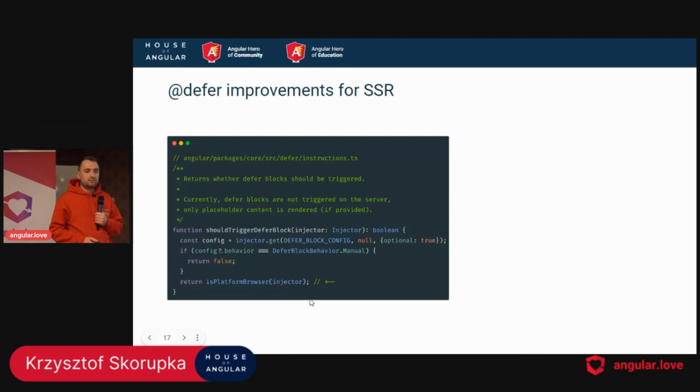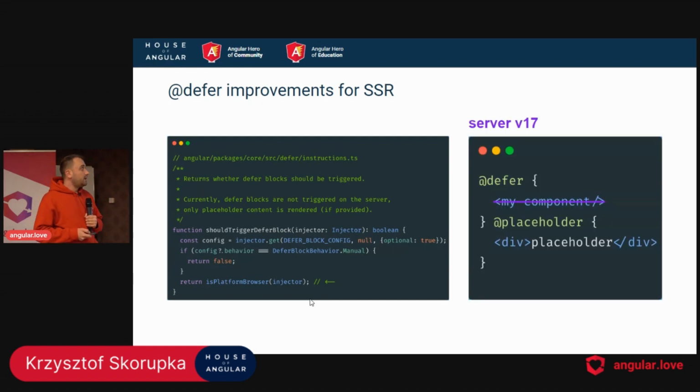So if we use the browser platform, then all of the sweetness that Fanny just showed us will be executed. But if you are running this on the server, well, the server will only see the placeholder, or even nothing if the placeholder is not provided. So that's far from perfect, right?